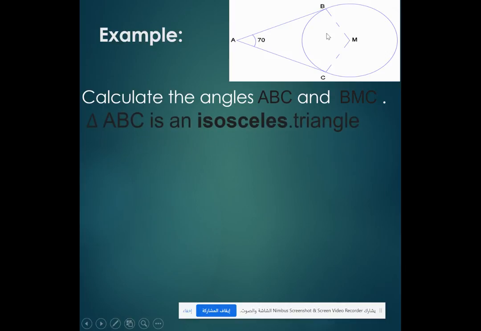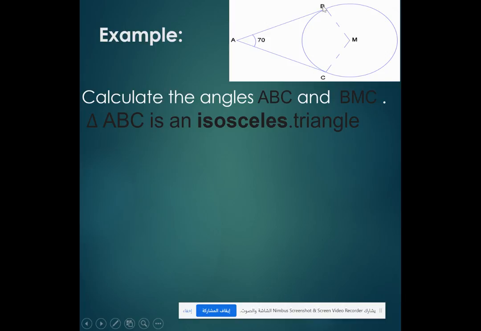So this is how to find it. To find the measure of ABC, try to think about what type of triangle ABC is. You can see that it is an isosceles triangle. Why? Because the side AB is equal to the side AC.